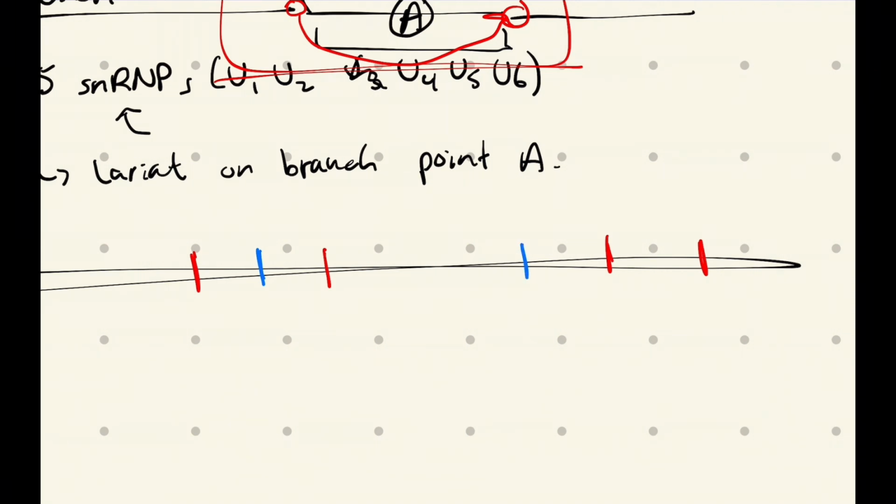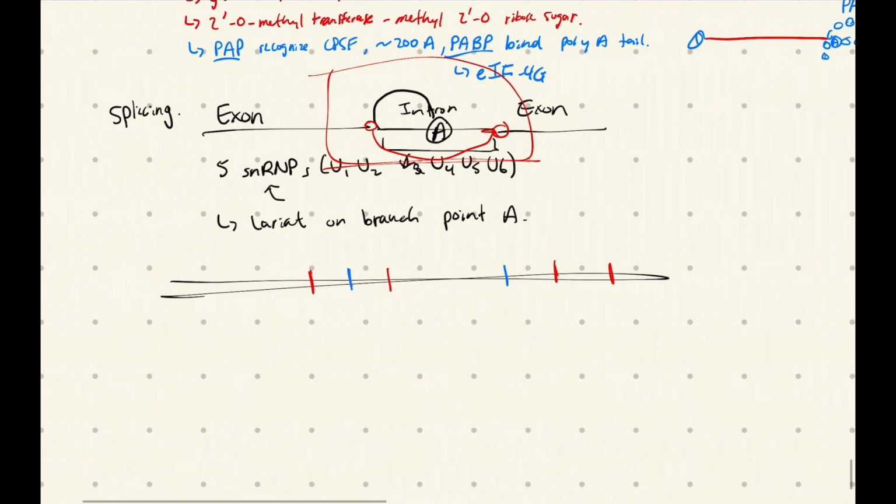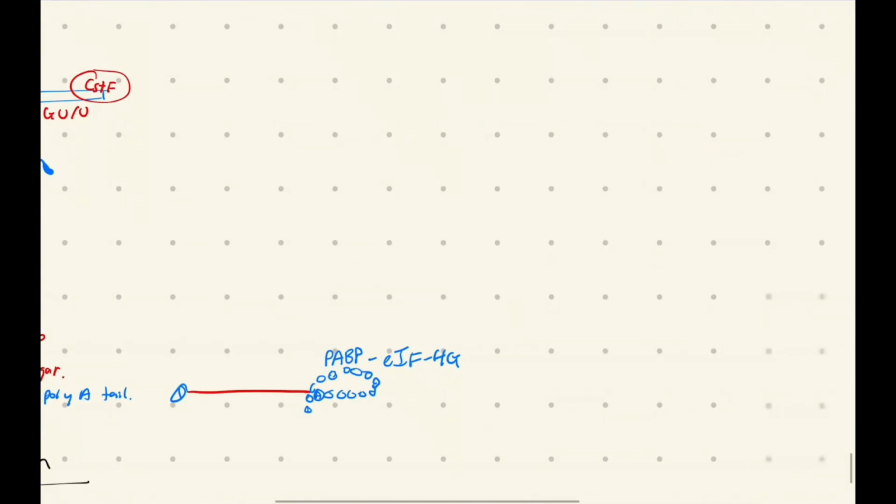Even though it forms the same protein, functionally speaking, it's a different amino acid sequence, right? Because you're splicing it differently. So you're obviously going to have some sort of difference.